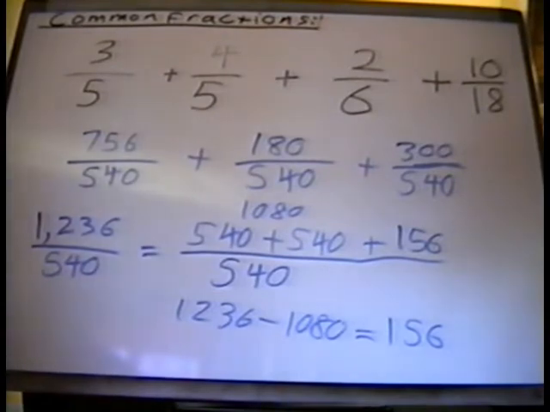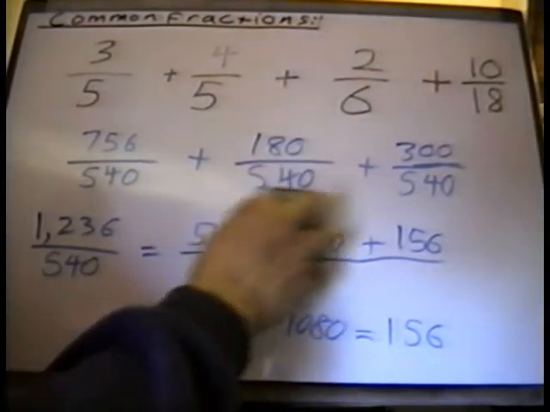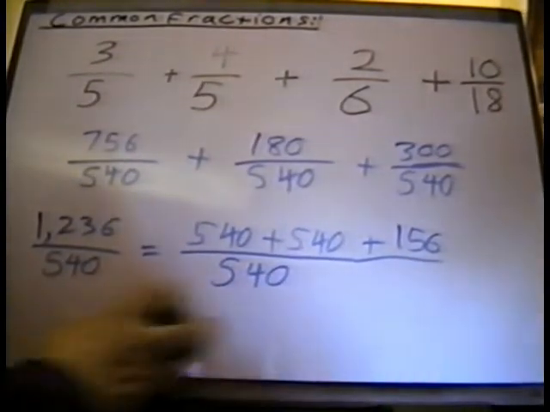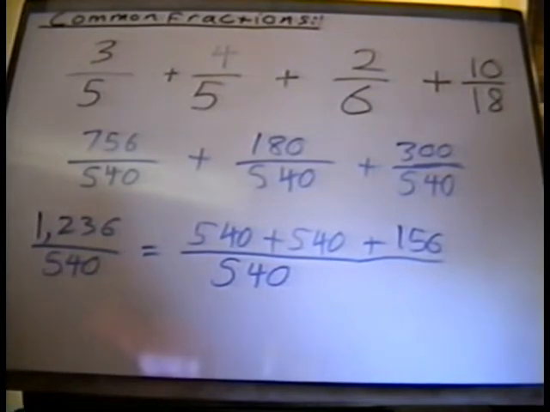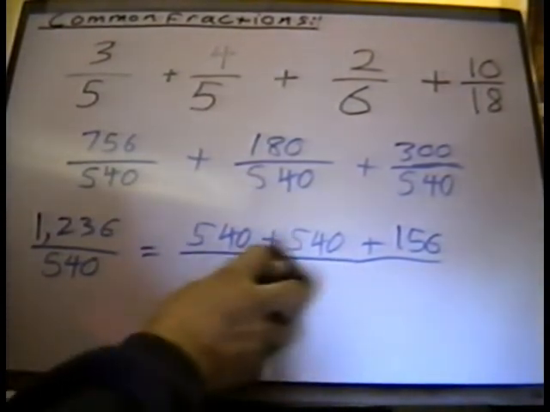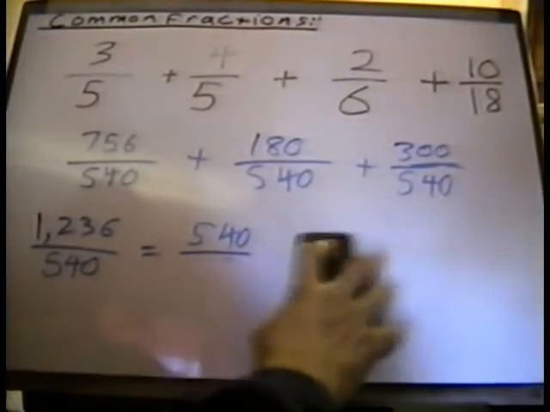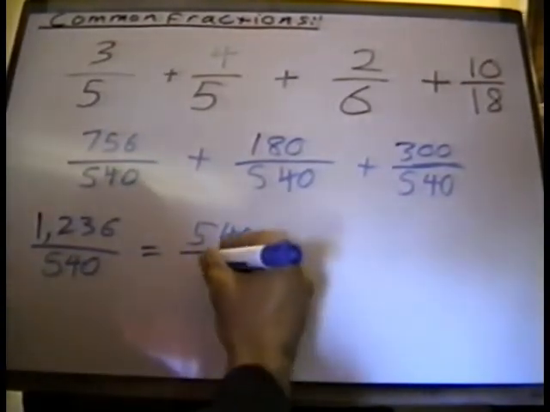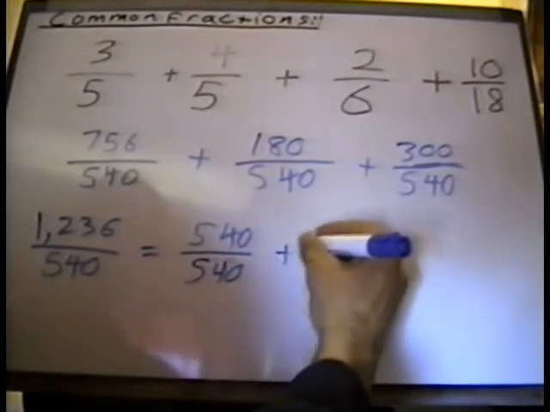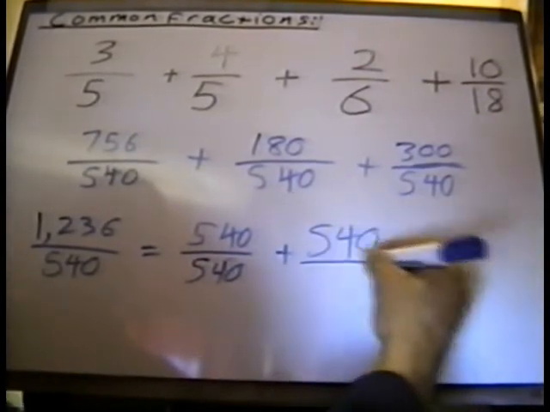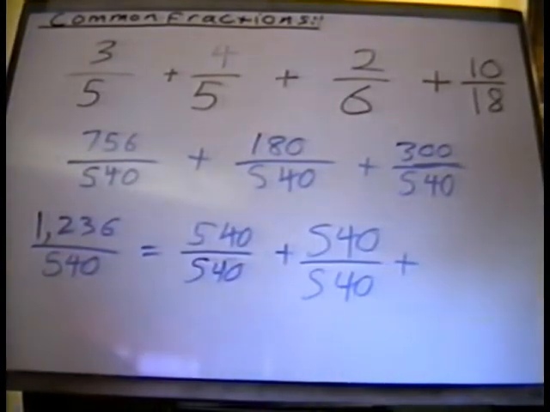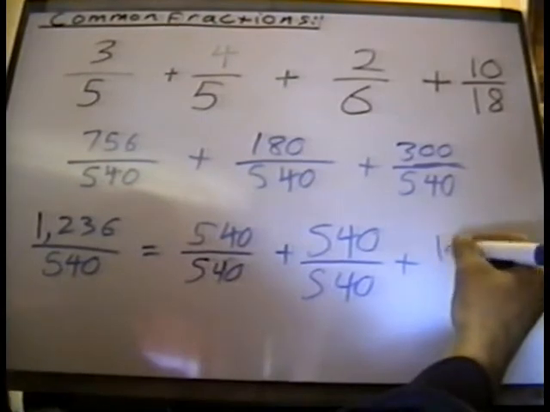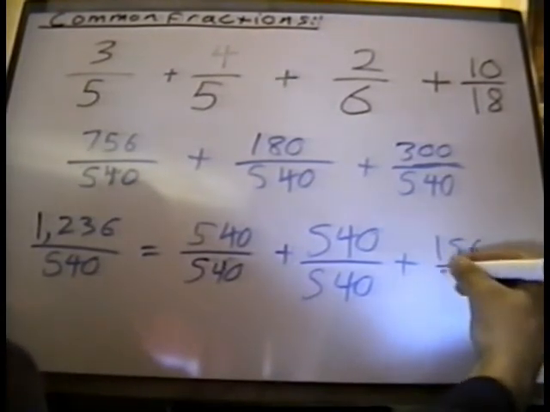Okay? So you get 540 plus 540 plus 156 over 540. Now that becomes 540 over 540 plus 540 over 540 plus 156 over 540.